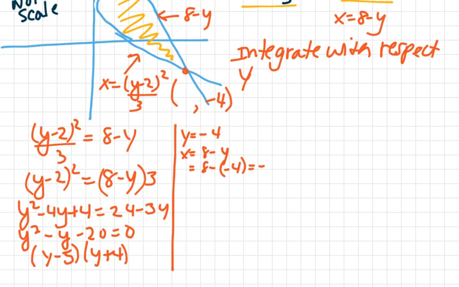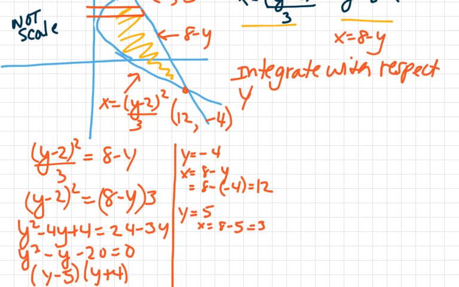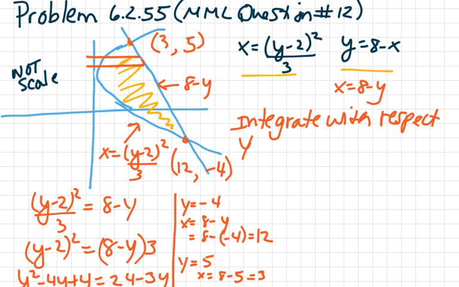So this point is 12, and substitute y equals 5 into this equation, and you get 3. So this is the point (3, 5), and that's the point (12, minus 4).